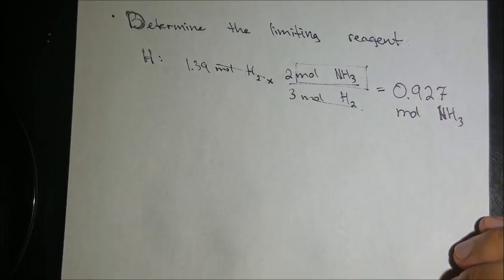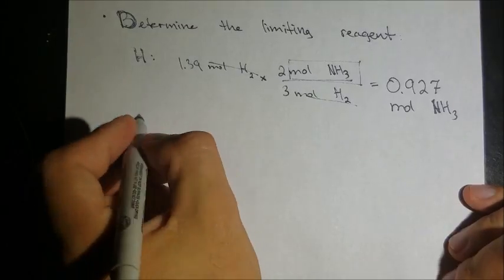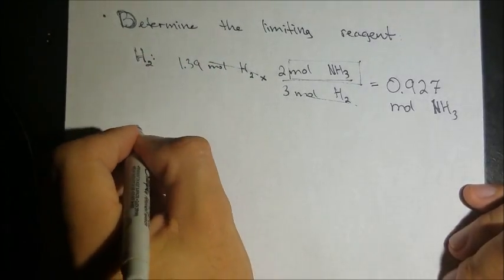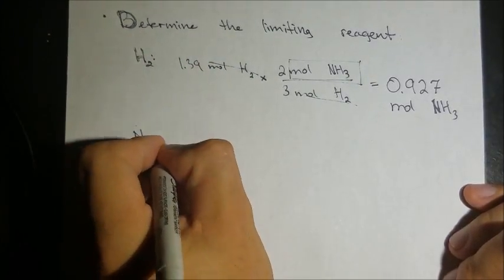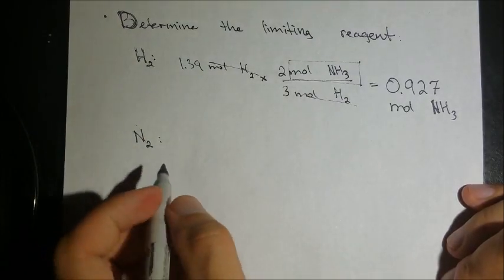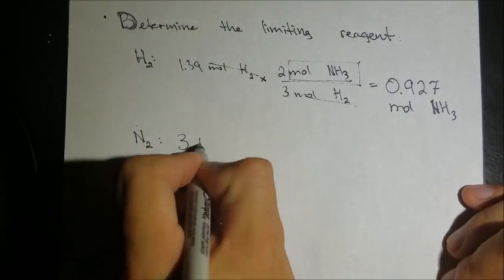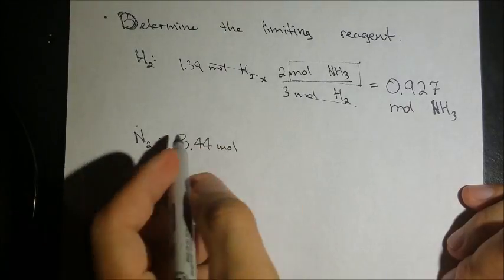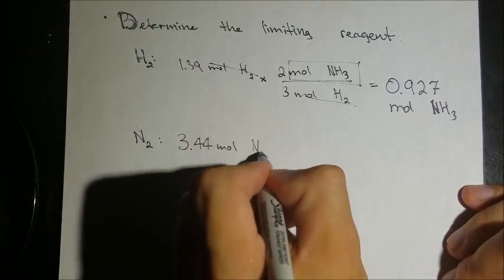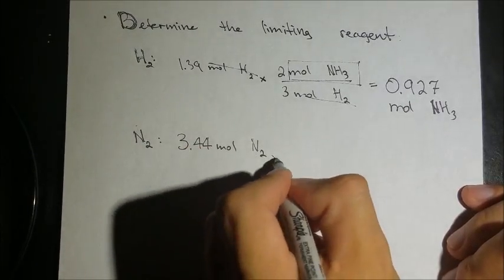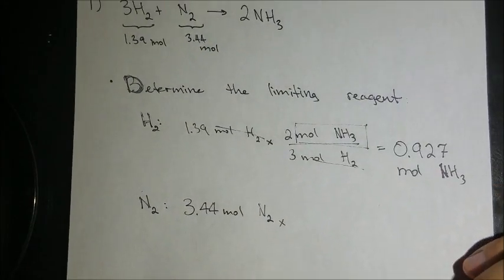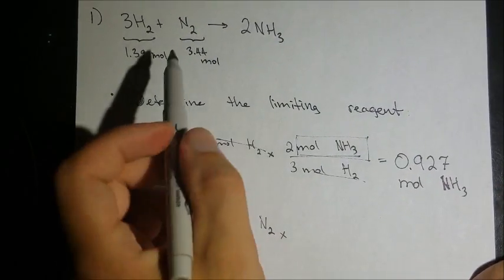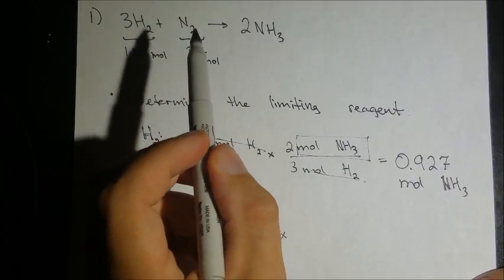Okay, let's take a look at nitrogen. So we're given in the problem that we have 3.44 moles of nitrogen. And once again, let's return here to the balanced equation.